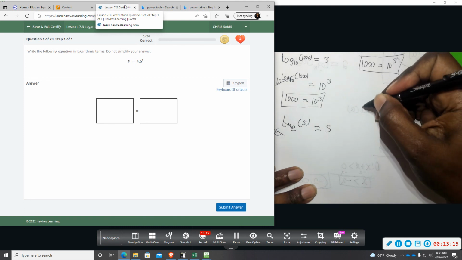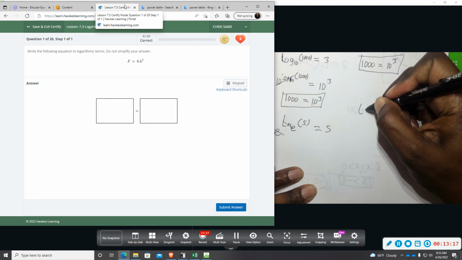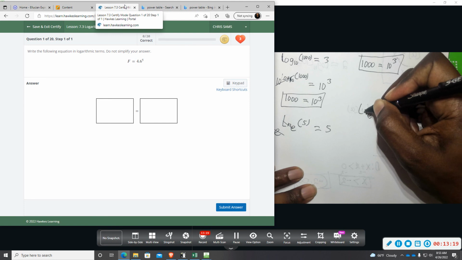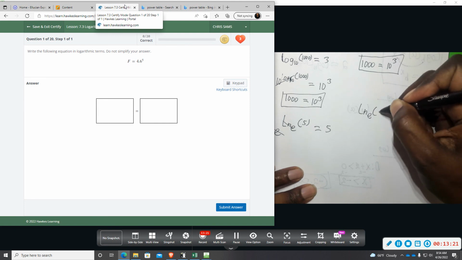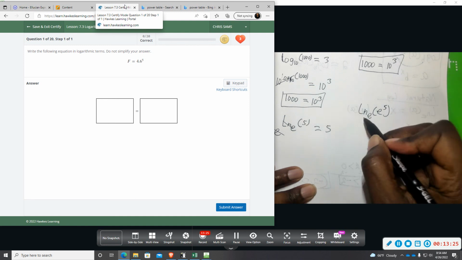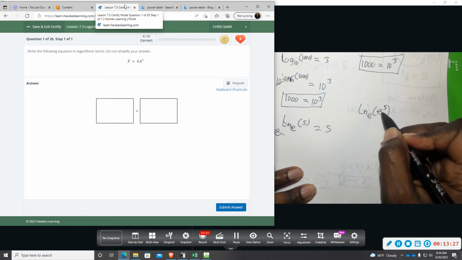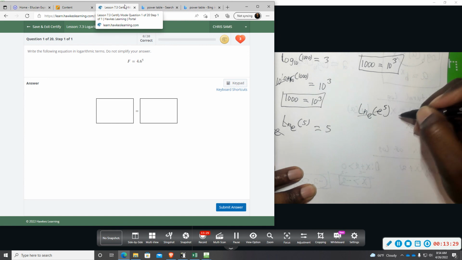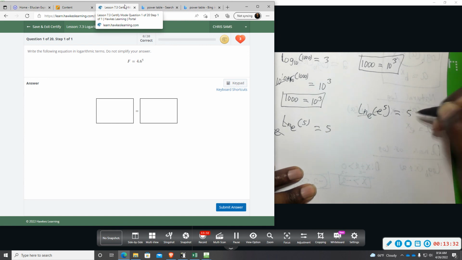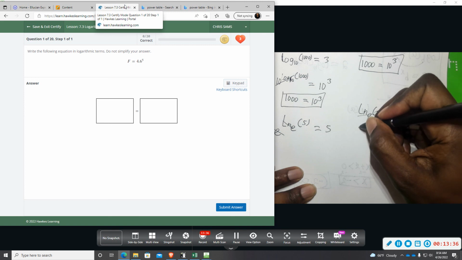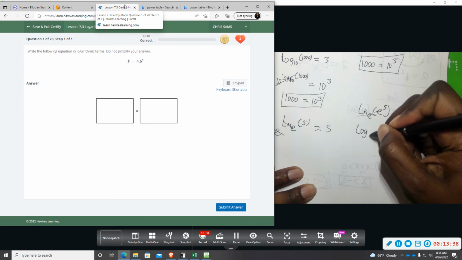So that means ln, which has an understood base of e, whether I write it there or not, and then let's say I put e to the 5th power. The ln of e will cancel out, the whole thing will cancel out, and I'll be left with 5. It also works with log, which has a base of 10.